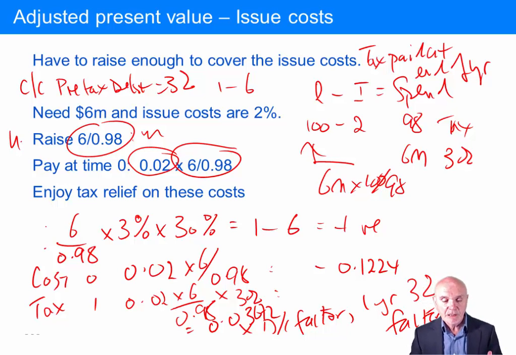So we get tax relief for years 1 to 6. We pay the upfront costs now, and we get the tax relief on those costs at the end of 1 year. And if you add all of those up, then you would get basically the benefit which is coming from this type of finance.